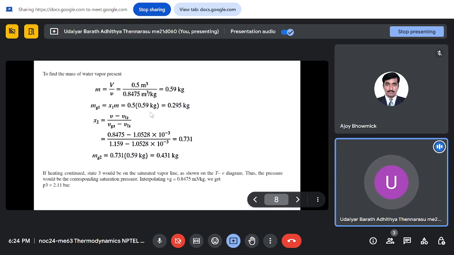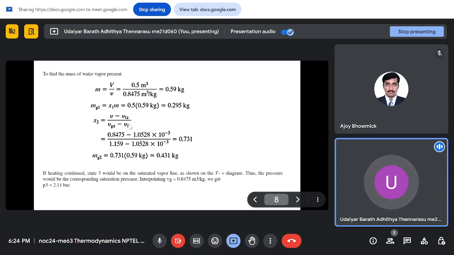Next, we know that the process goes through a constant volume process. So from there we can find out the quality at state 2. So we know the corresponding saturated vapor and saturated liquid specific volumes, and we also know the specific volume at state 2. It will be equal to V1. So we substitute that, and we can find out the quality.